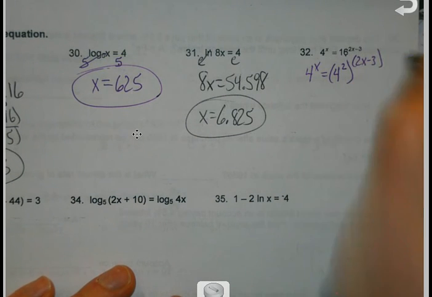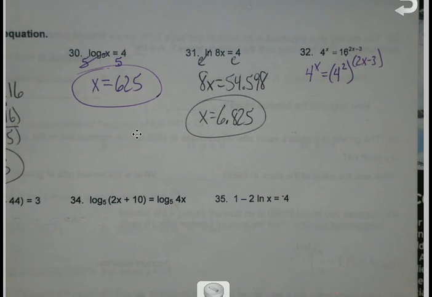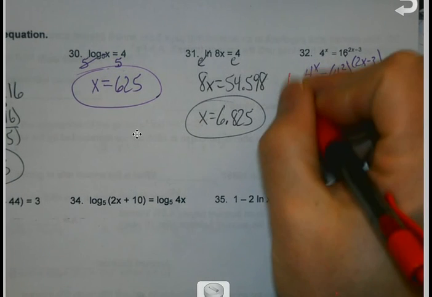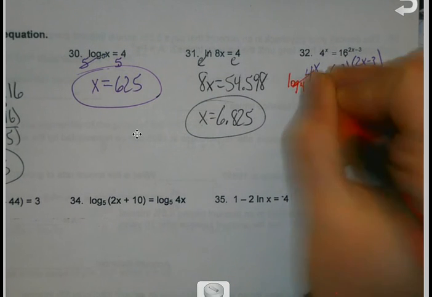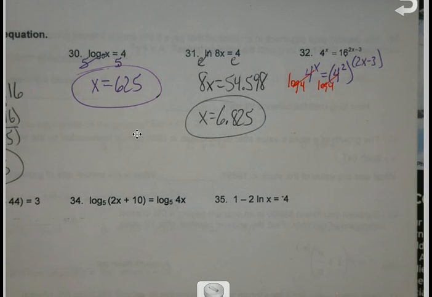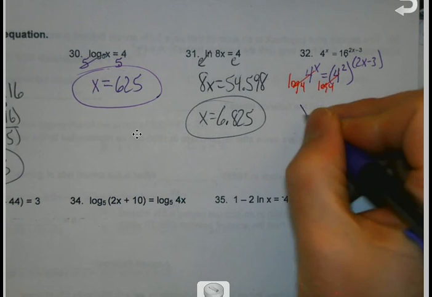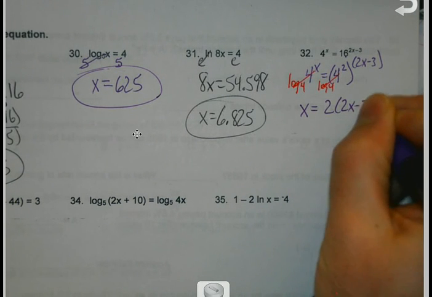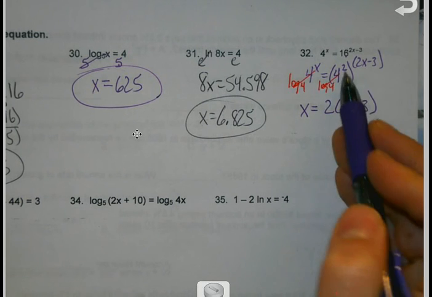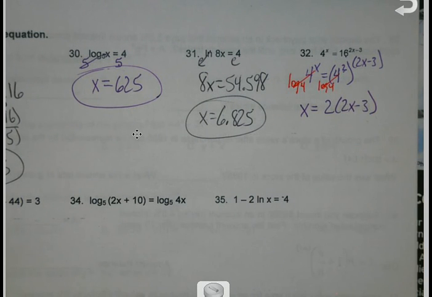So whenever I see these, I'm going to look at that larger value and say, hey, can I take the smaller value to some power to get to it? Because now I can use my log of base 4 as an inverse. And whatever is left up in the exponents, over here I've got the 2 left from here still, plus the 2x minus 3.